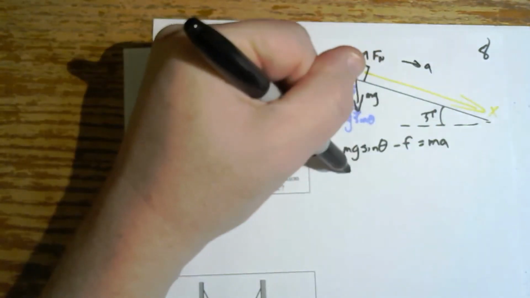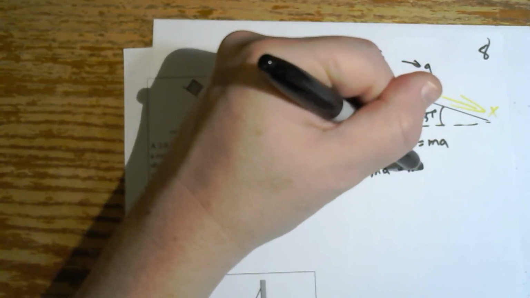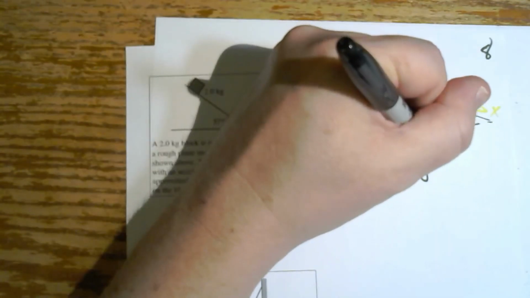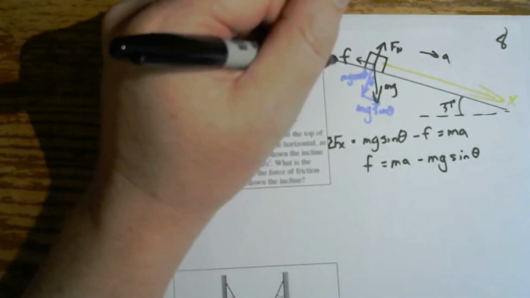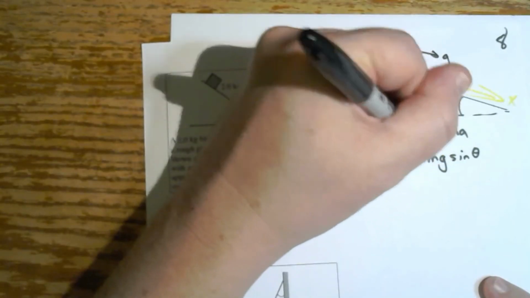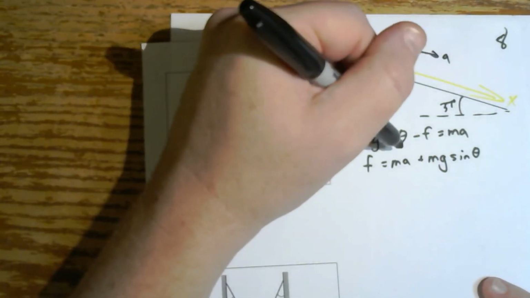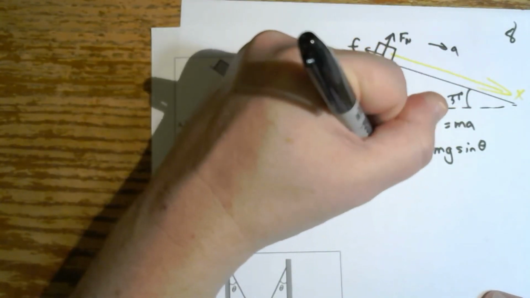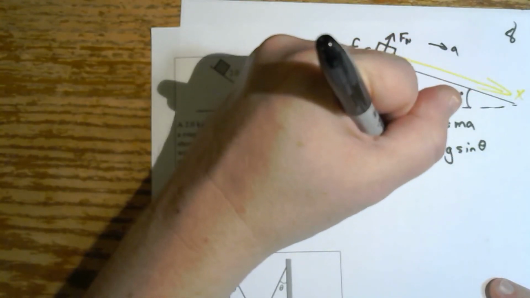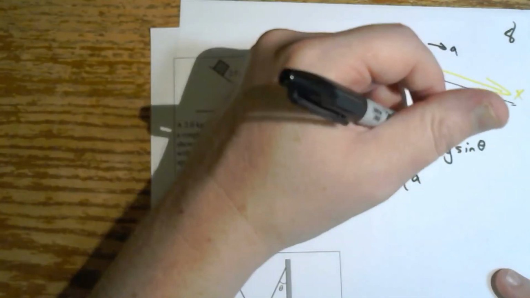Rearrange this equation and solve for f. F is going to be ma minus mg sine theta. Is that right? Actually, no, it's plus because they're adding together. Actually, no, it is subtraction.